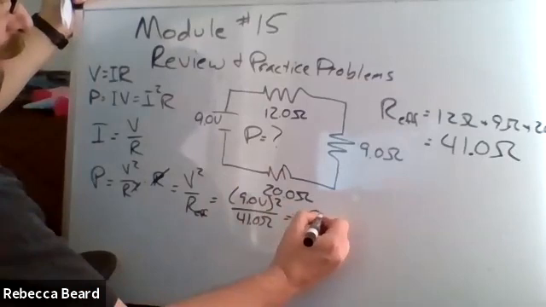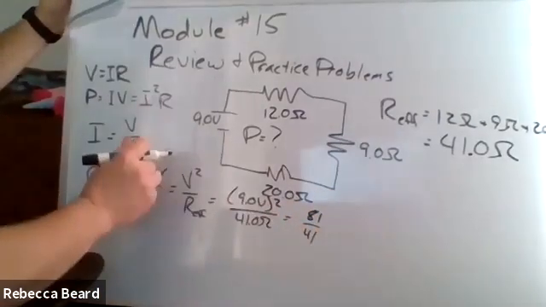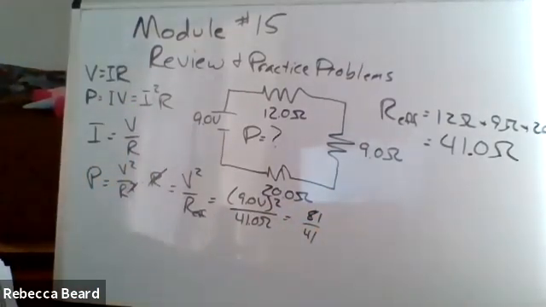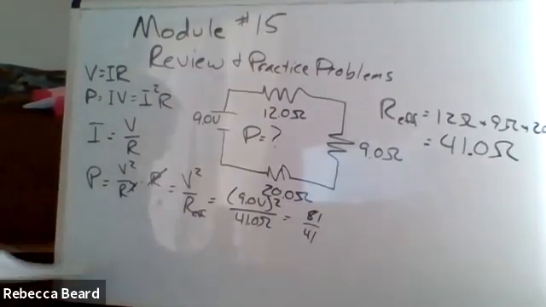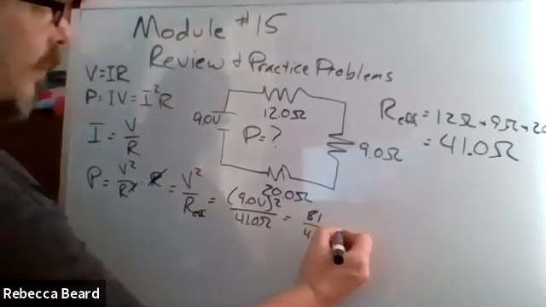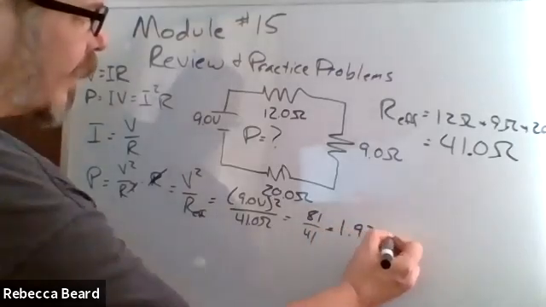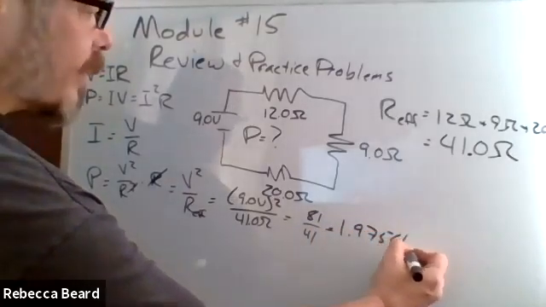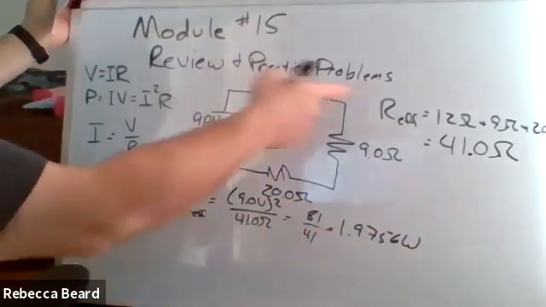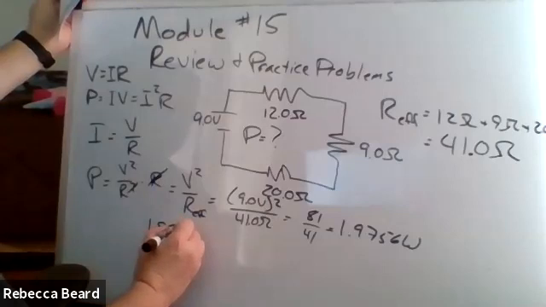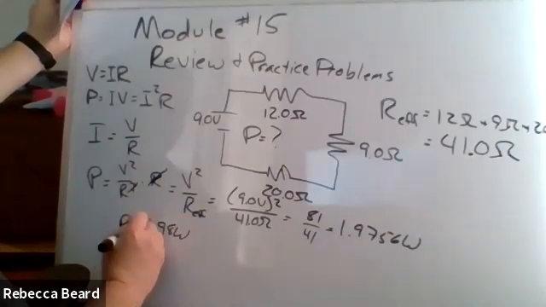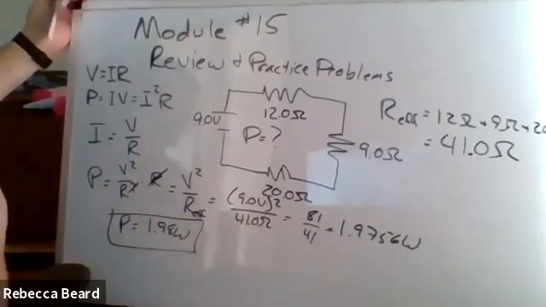That's 81 over 41, so it's going to be about a half of a watt. 81 enter 41 divide, 1.9756, and that's power, so that's watts. Let's do that at 3 significant figures, so we're going to have 1.98 watts.